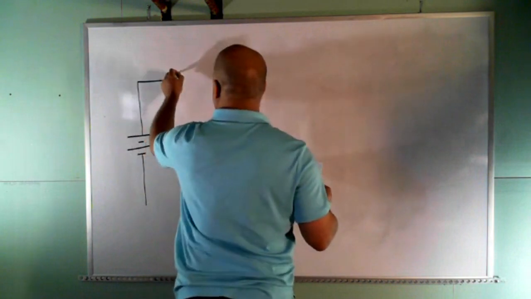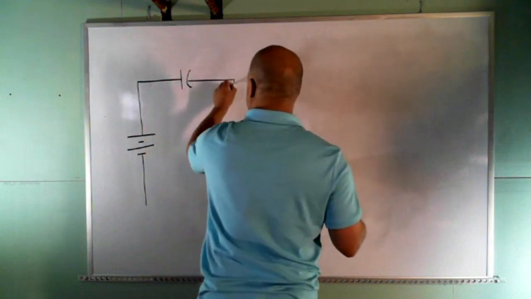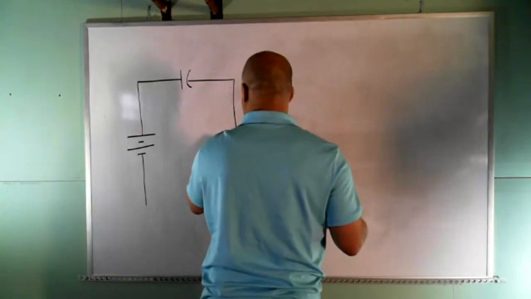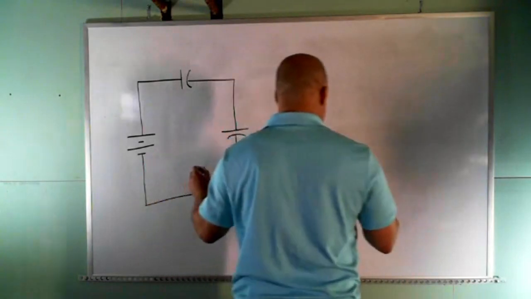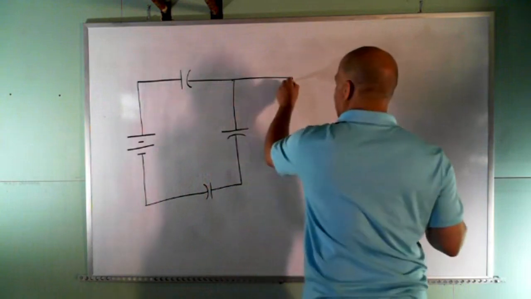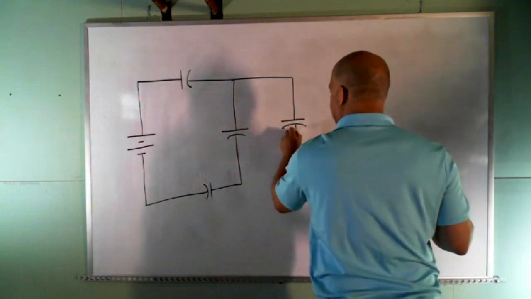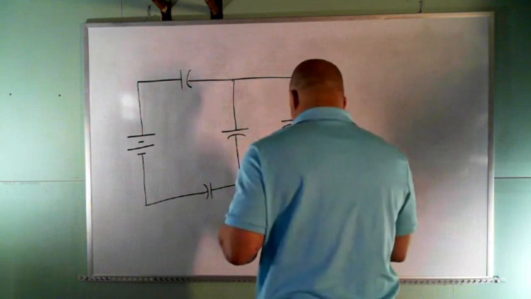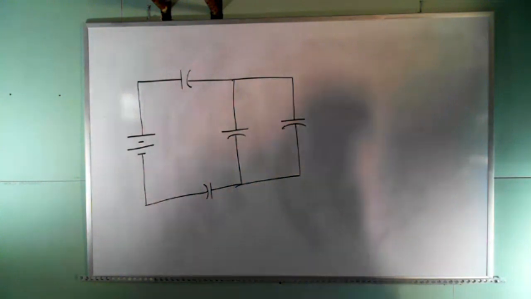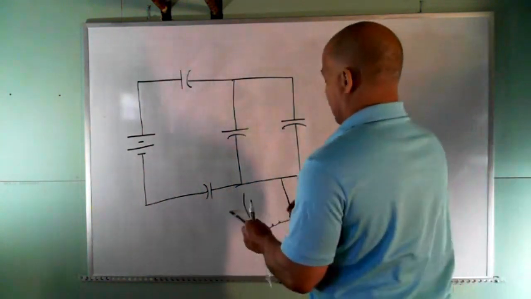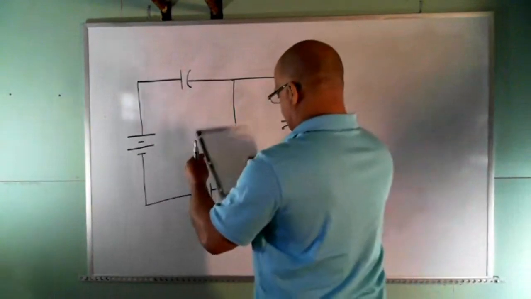You got a capacitor here, here, here, and then you got this. This print is so small, I can't see anything. All right.